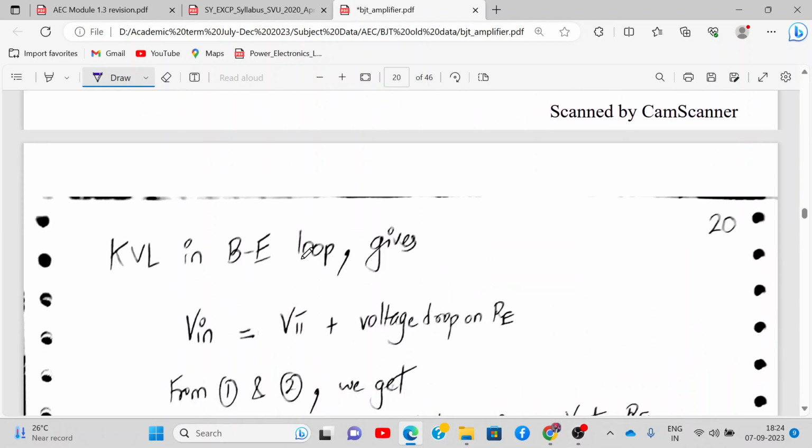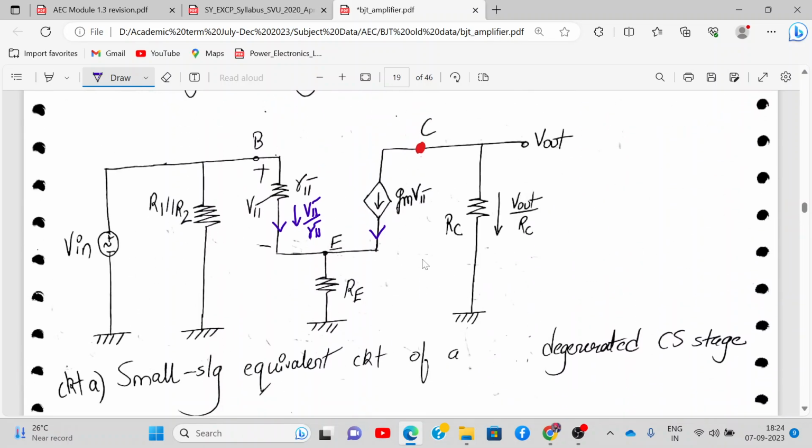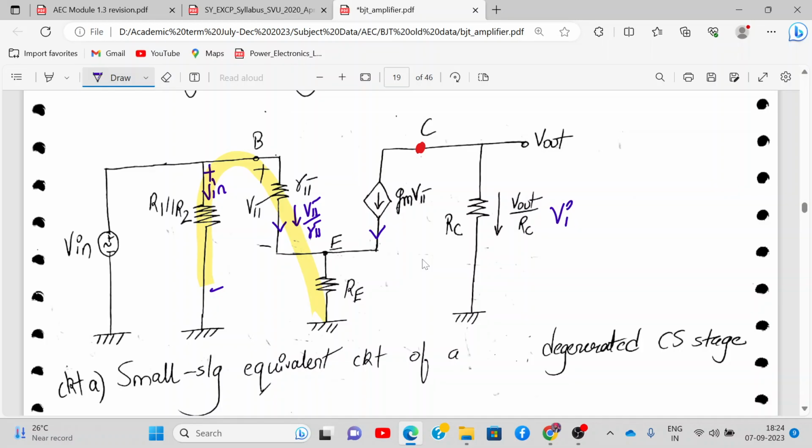All right, so from here we go further. Now we write KVL in the base emitter loop. So what does the KVL in the base emitter loop say? If this is V in, then V in minus V pi minus VRE is equal to 0, correct? This voltage across RE is VRE.